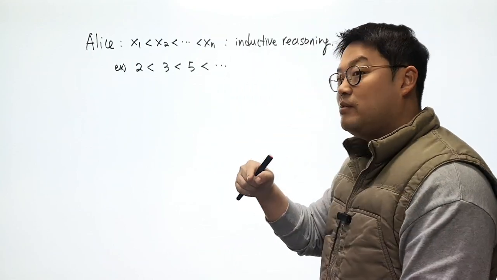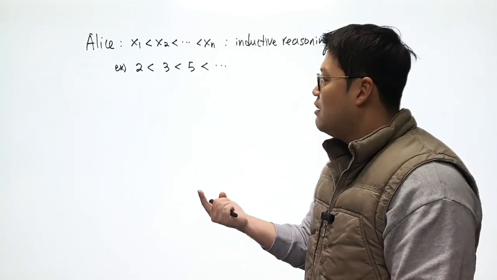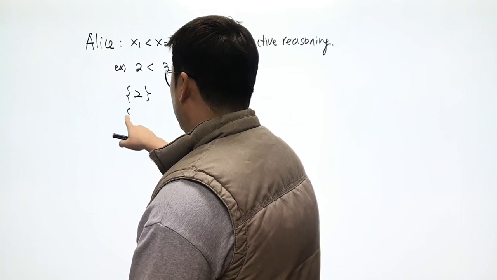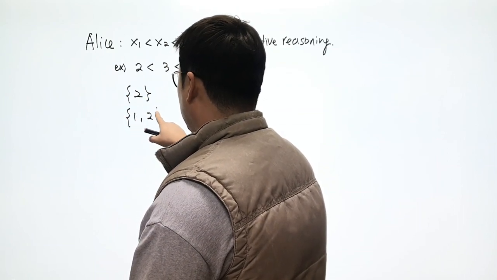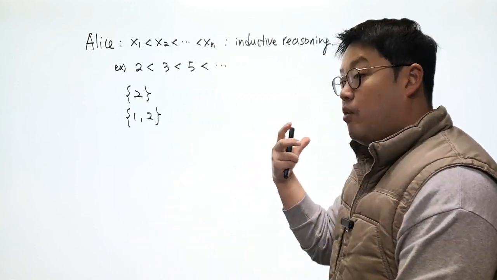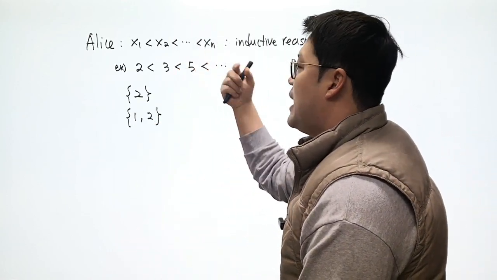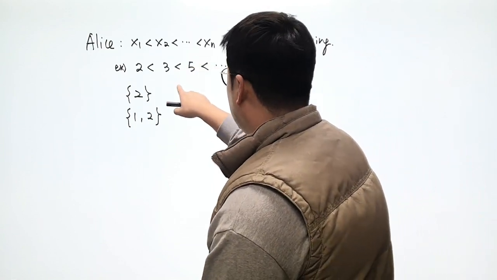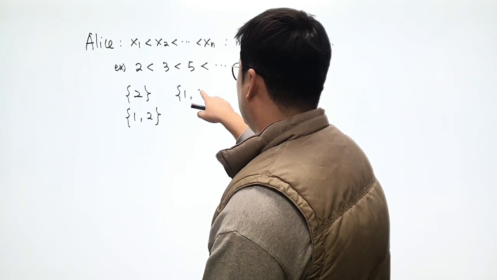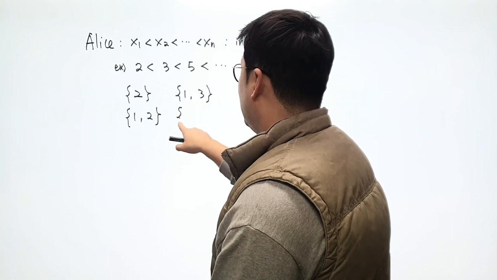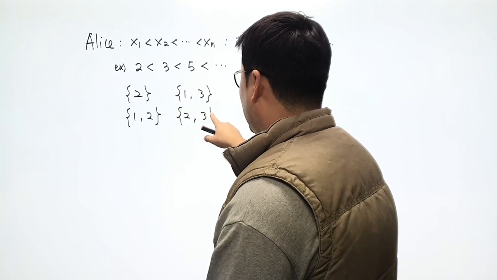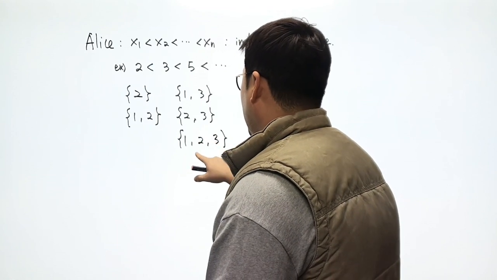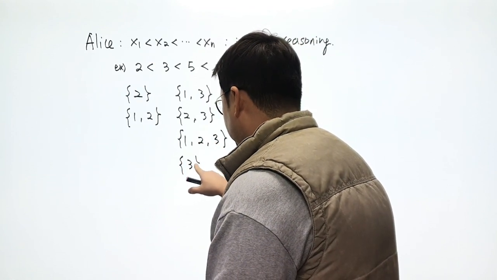Now, if 2 becomes the maximum element of B, well, I can come up with 2, or I can come up with 1 and 2, and that's it. Now, what happens if the maximum element of B happens to be 3? Well, I can come up with 1 and 3. I can come up with 2 and 3. And I can come up with 1, 2, and 3. Or I can come up with just 3.